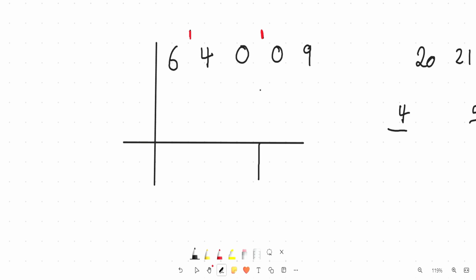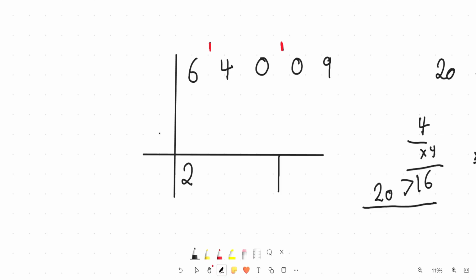So back to the question, we have 6, the nearest square root closest to 6 would be 2, because 2 squared is 4, which is less than 6. And what you write here, you basically double it. So we have 2 here, so we write the double of 2 here.